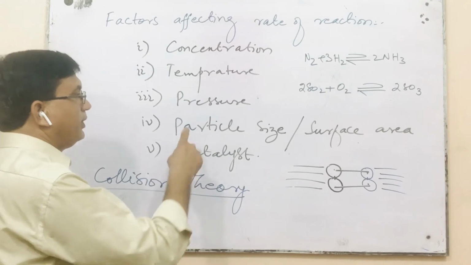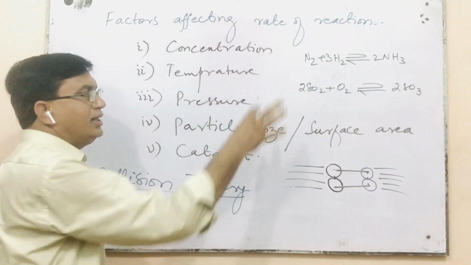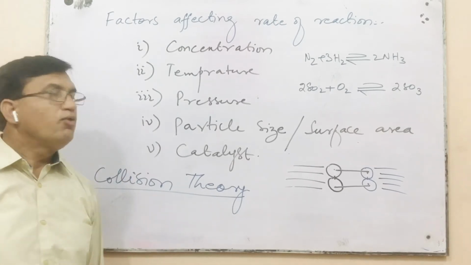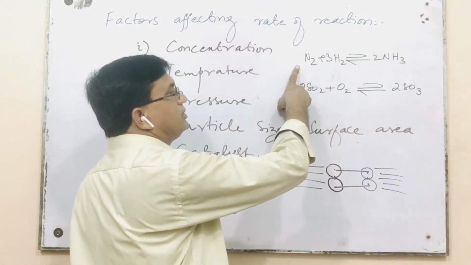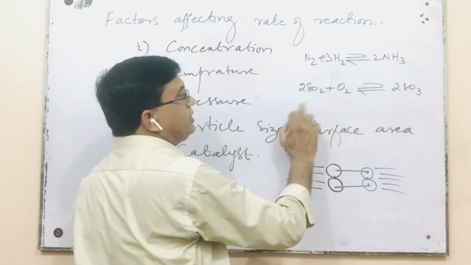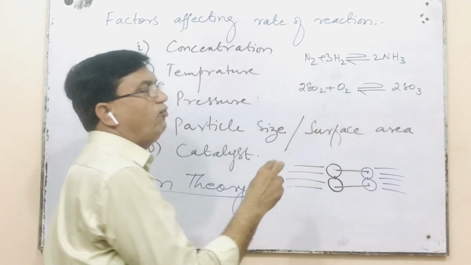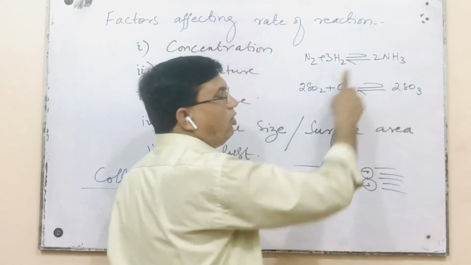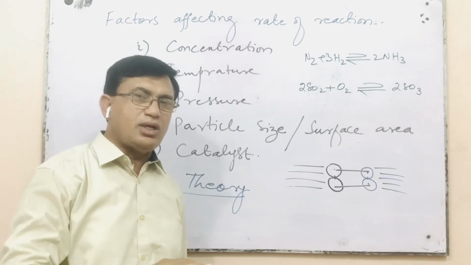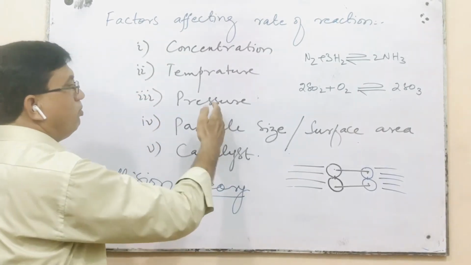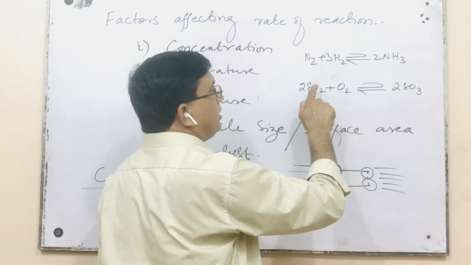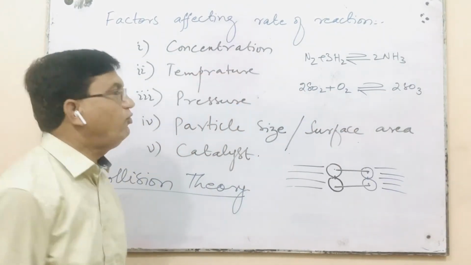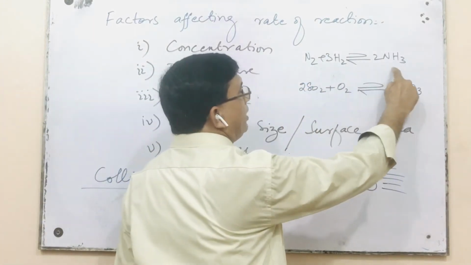According to Boyle's law, whenever we increase the pressure, the volume of the gases will decrease. For example, in the Haber process, the equation indicates 4 volumes of reactants are going to change into 2 volumes of product. Volume is decreasing, so according to Boyle's law, high pressure will favor the reaction in the forward direction.